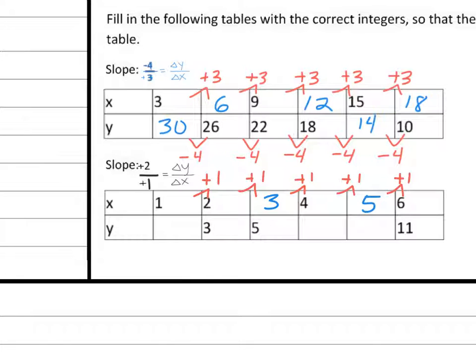For y values, it's going +2. So let's think what numbers this would have to be. What number would have to go before 3? Because 1 plus 2 is 3. So it's going to be 1, 3, 5, 7, 9, 11. Okay.